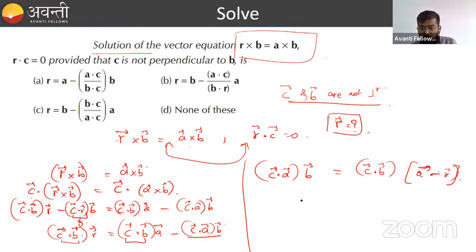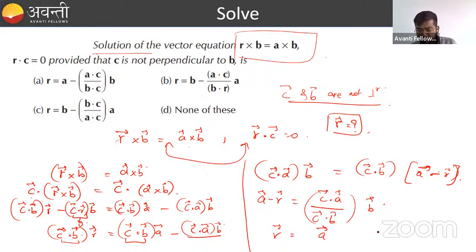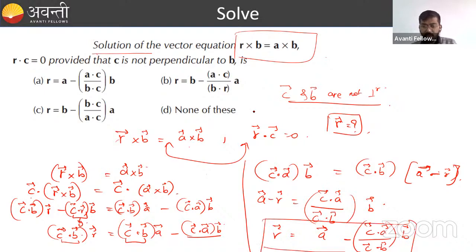Now we found that a bar minus r bar equals c bar dot a bar upon c bar dot b bar into b bar. So r bar equals a bar minus c bar dot a bar upon c bar dot b bar into b bar. So we found r bar in terms of a bar, b bar, and c bar. So which answer? Answer option A, right?